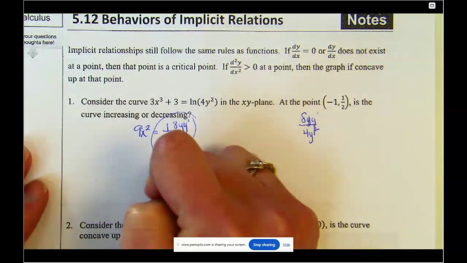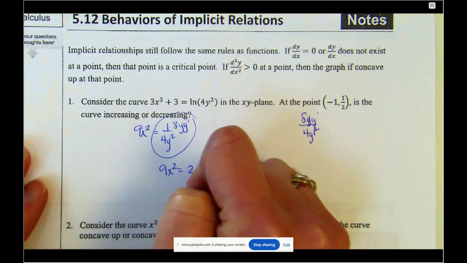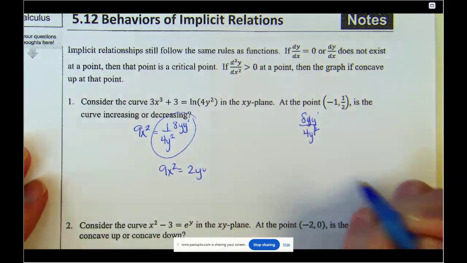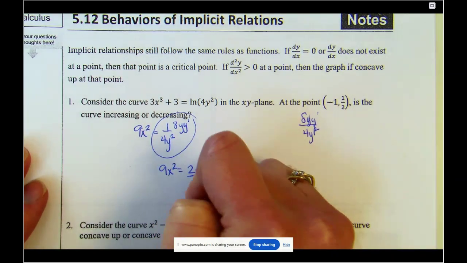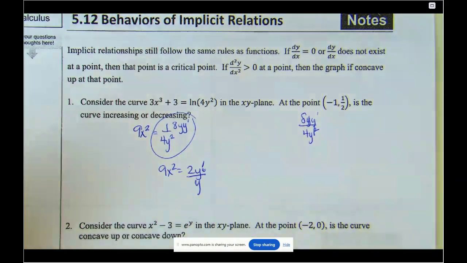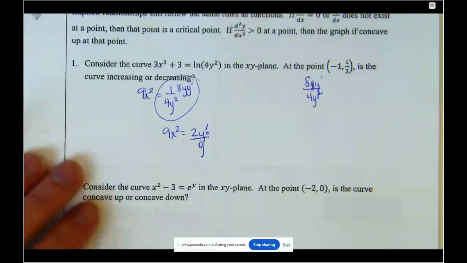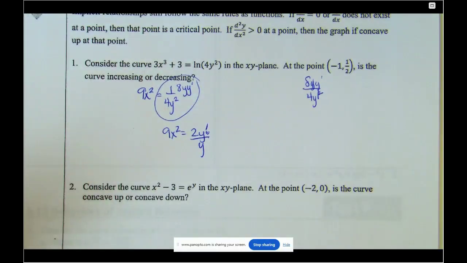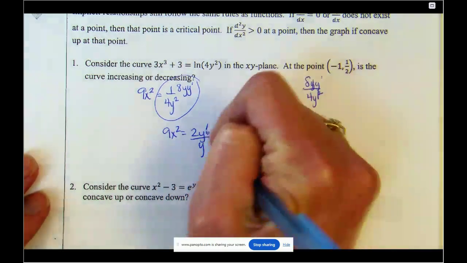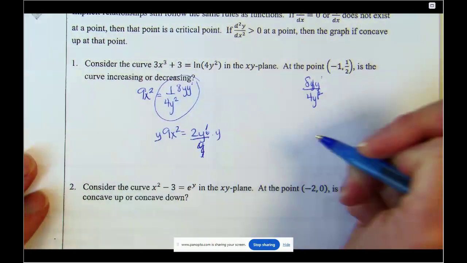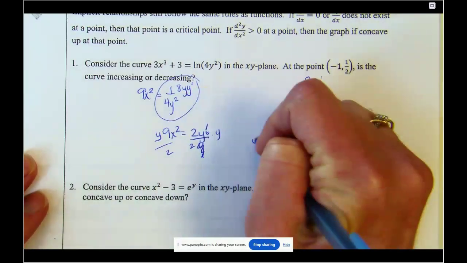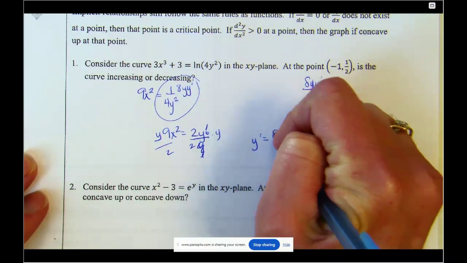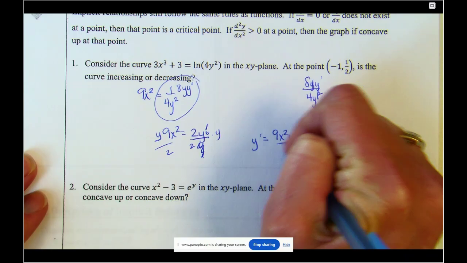So this is 9x squared equals 2y prime over y. Now it's super easy to solve for y prime. You're going to multiply by y, and then divide by 2. So y prime equals 9x squared y over 2.